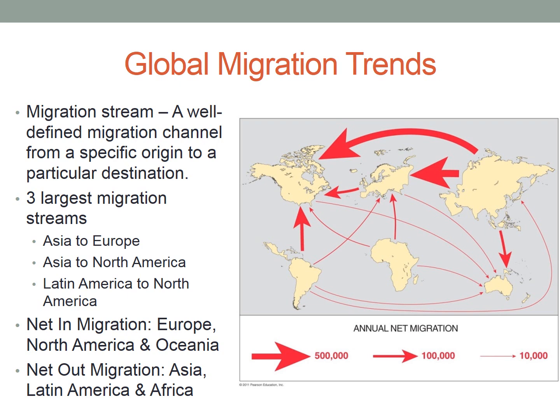So if we were to ask, what type of map would this be? You would probably say it's a graduated symbol map, because the size of the arrow denotes the amount of data that we see. So this is looking at annual net migration. And so we're seeing about 500,000 people annually coming from Asia to North America, about another 500,000 from Asia to Europe.